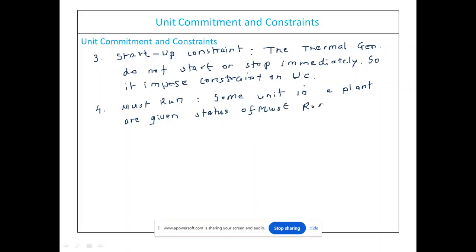Whatever you do with other units, that is not a problem, but some units are given the must run condition.